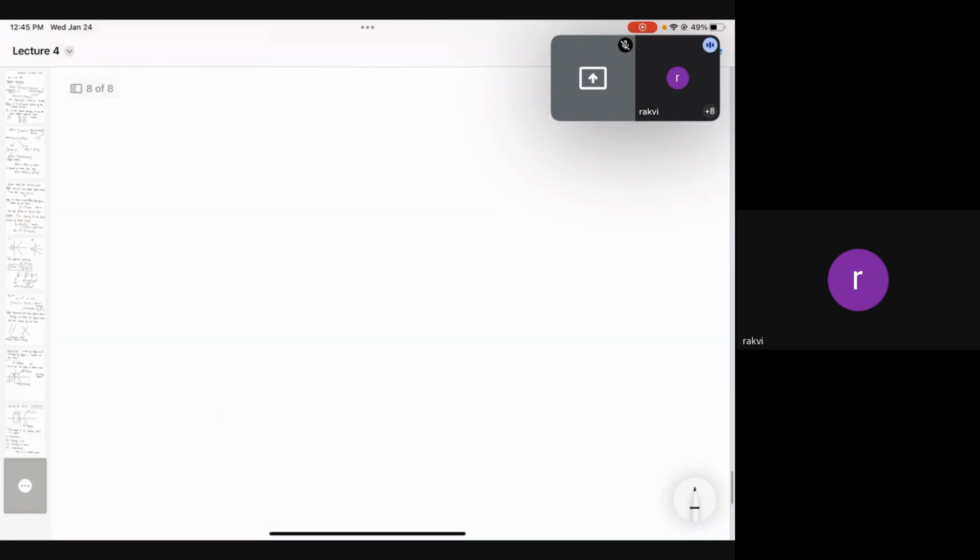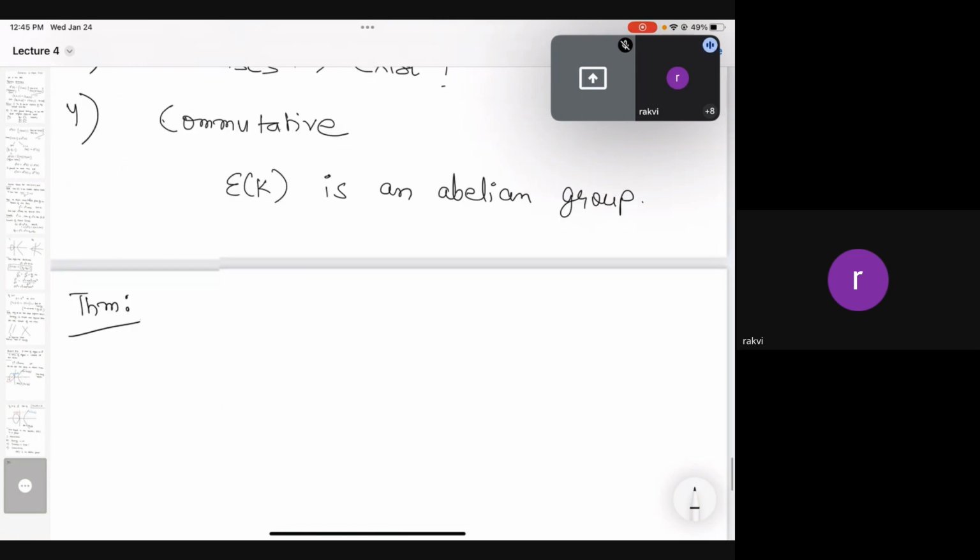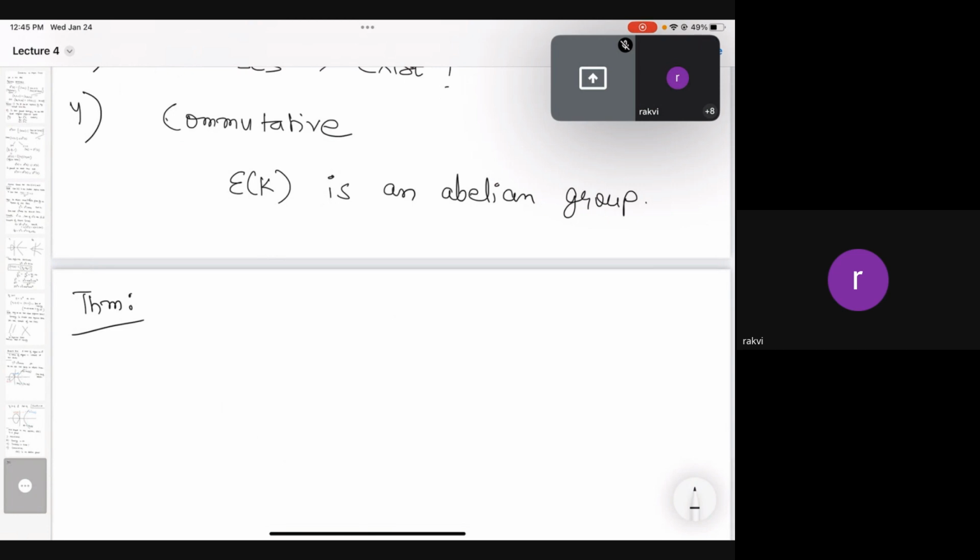And there is this nice theorem that follows from this. Okay, let me just write down the theorem and then we can talk about it. This set of points E of k is not just an abelian group, it's actually a finitely generated abelian group.